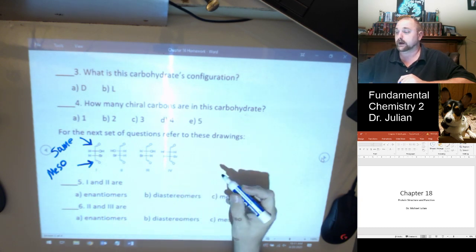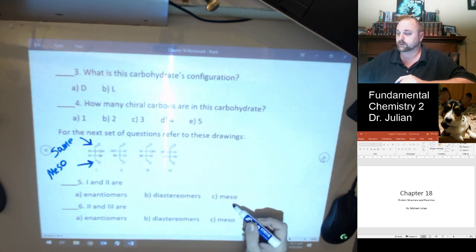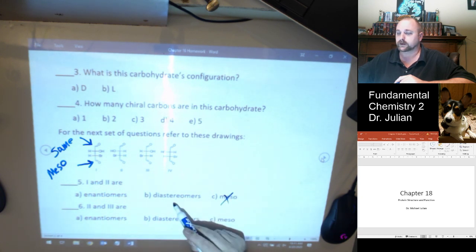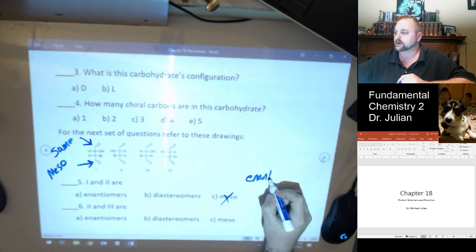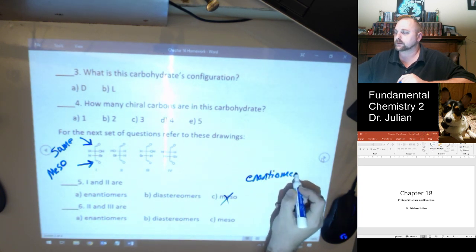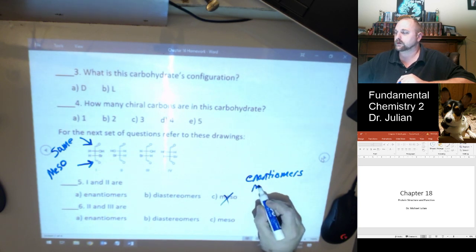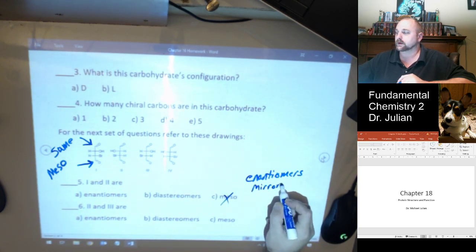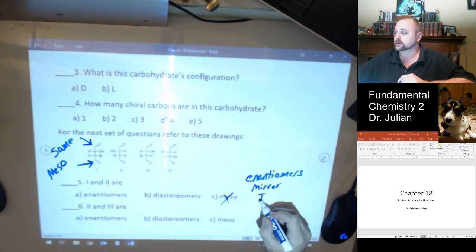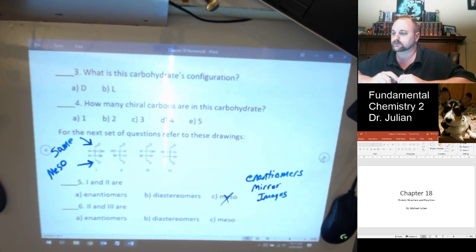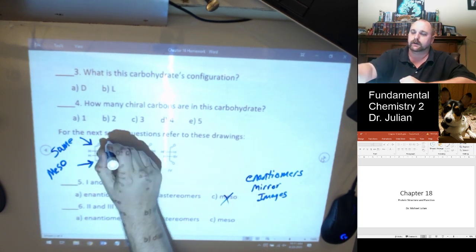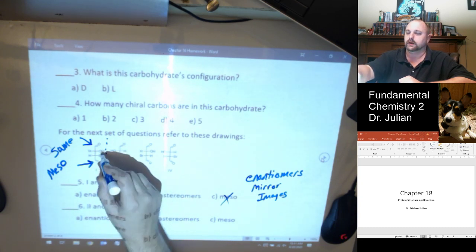So now I'm looking for, we got an A, B, and C. We got meso. We know it's not meso. Diastereomers and enantiomers. So enantiomers are mirror images, and they're non-superimposable. Alright, so mirror images, can I draw a line between and have these equal?